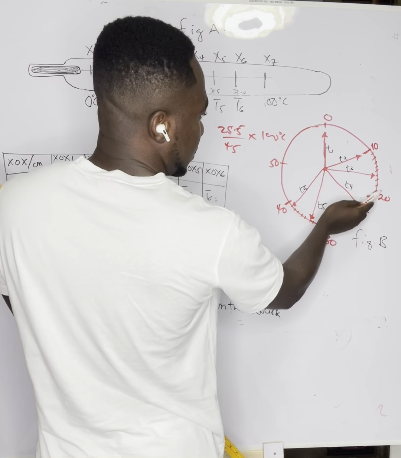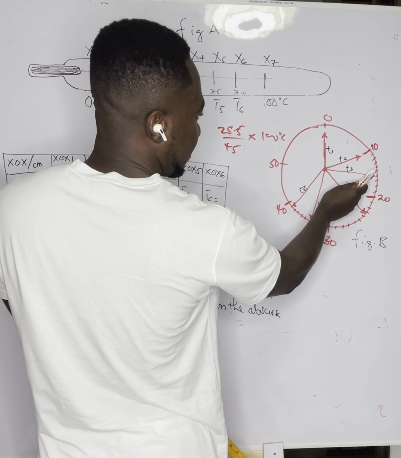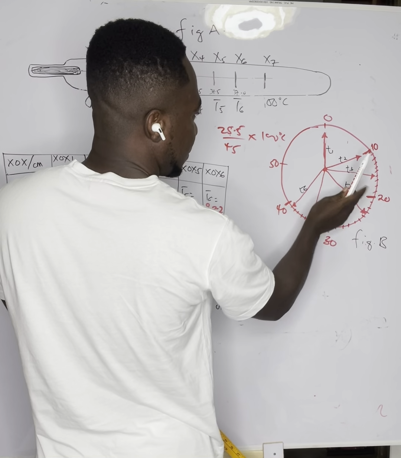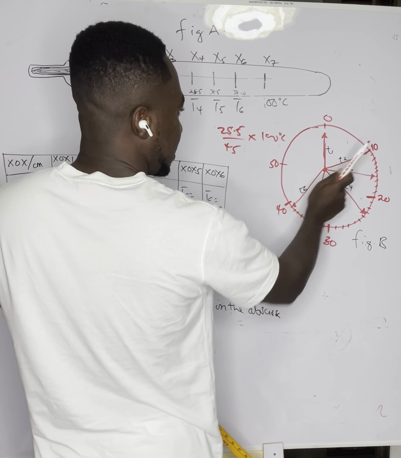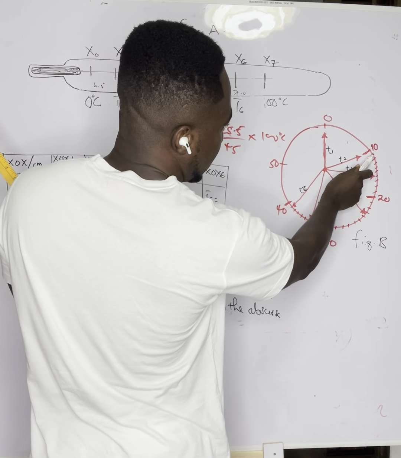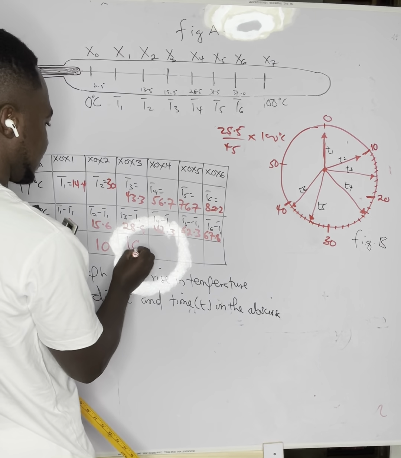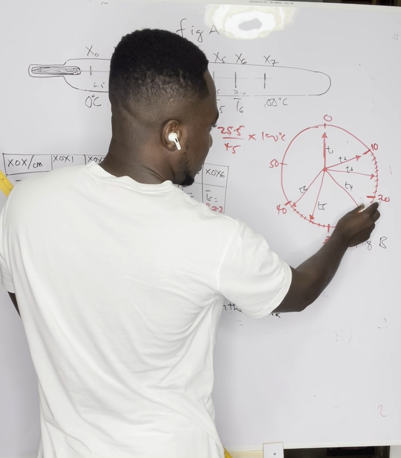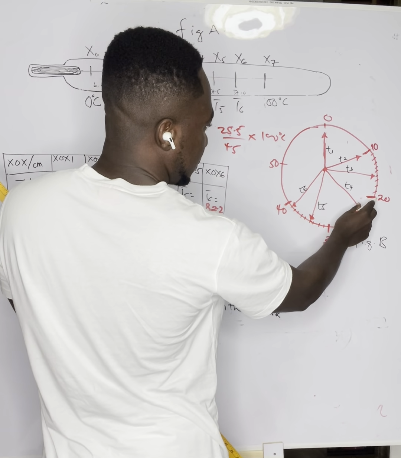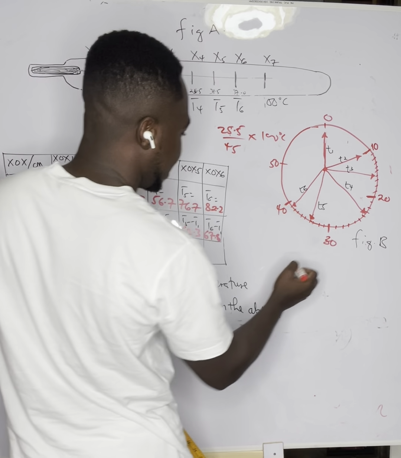T3, from 10 to 20, let's look at the number of divisions: 1, 2, 3, 4, 5, 6, 7, 8, 9, 10. So 10 divisions, meaning each small line is 1. So 11, 12, 13, 14, 15, 16. So 16 seconds. T4, 20, 21, 22, 23, in between 23 and 24. So 23.5.